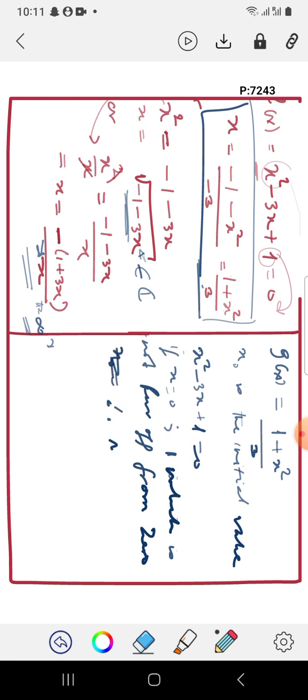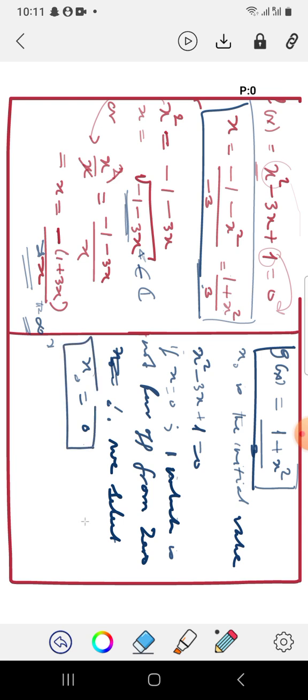Therefore, we select x naught to be 0. Don't forget we now have this as our iterative function, and we have decided on this as our initial takeoff point.